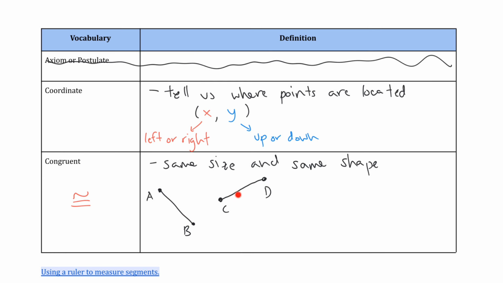In other words, how long they are has to be the same. In a picture, you might see them marked with these tick marks, okay? These tick marks right here mean congruent. So even if it doesn't tell you in the problem, but you see these markings, you are allowed to assume that the segments are congruent.